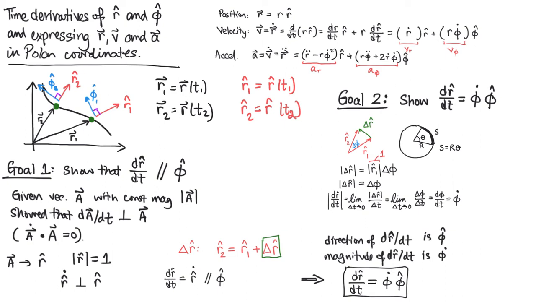Okay. I'm going to show the same thing another way, but before I dive into that, let's just take a moment to look back up here. We have r dot in the r hat direction. Those are these first two terms. And now we have r times the time derivative of r hat, which we now know is phi dot phi hat.